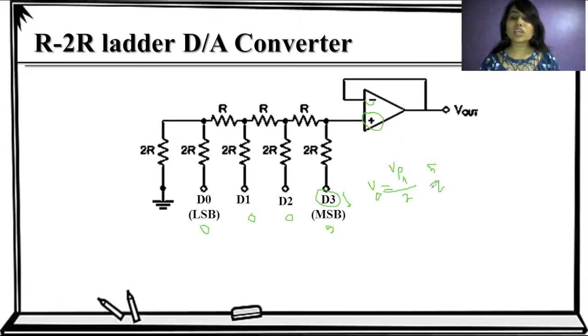Again, why do we divide this by 2? Because here we have a resistor value 2R. As D2, D1, D0 are 0, there is no voltage or any connections over here.